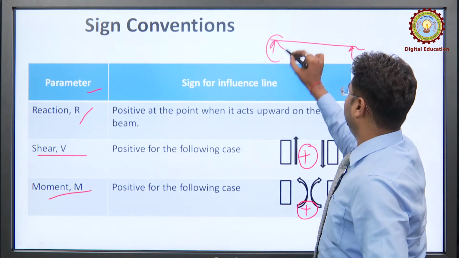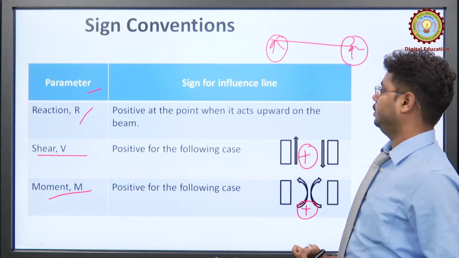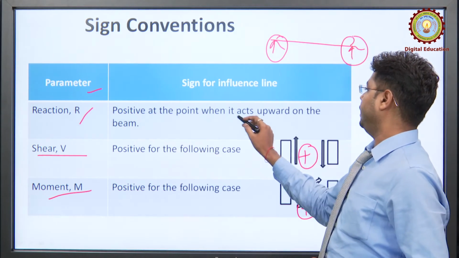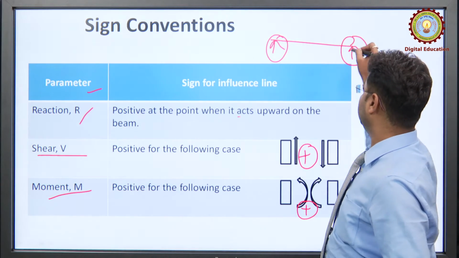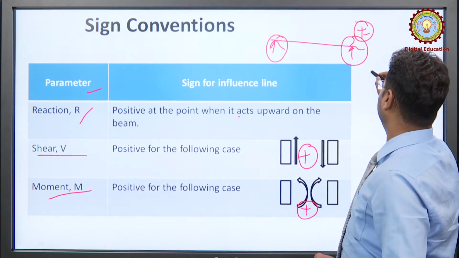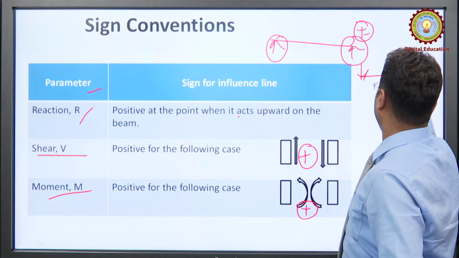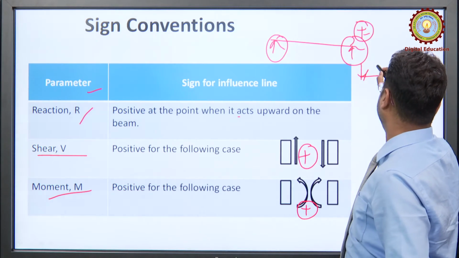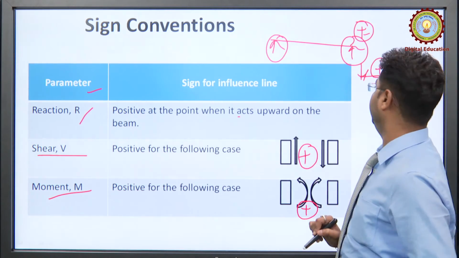If the reaction is moving upward, we will take a positive sign. If the reaction is going downward, we will take a negative sign.